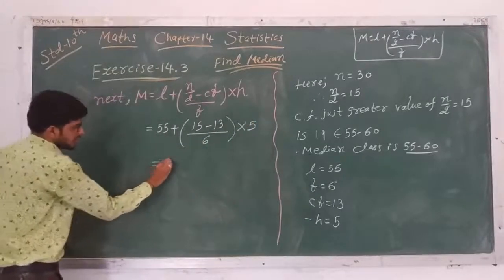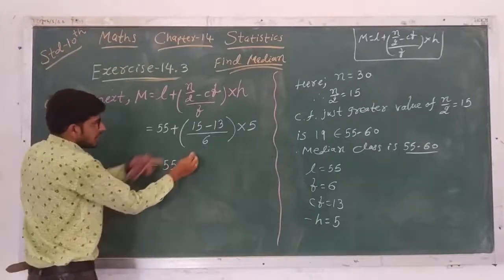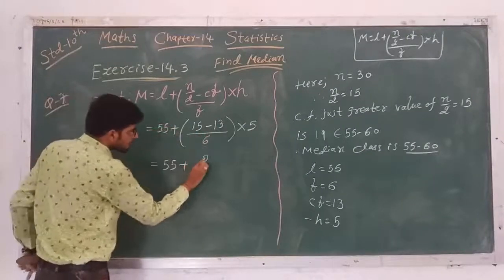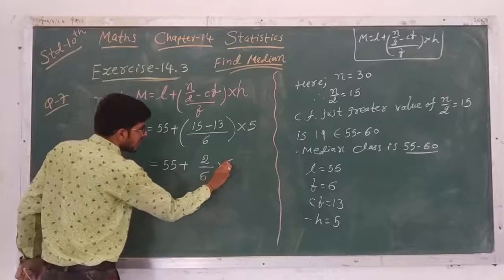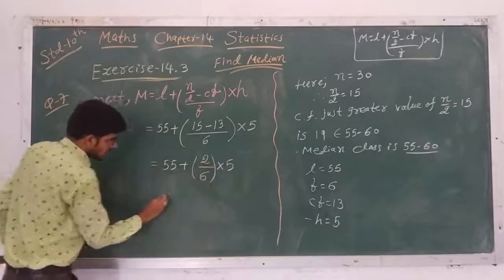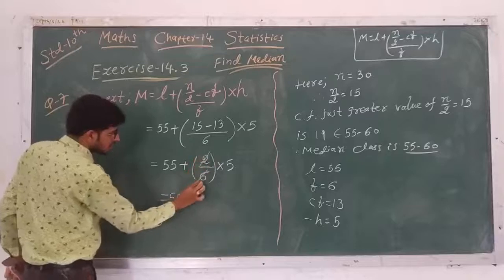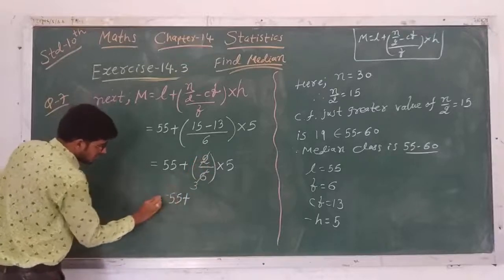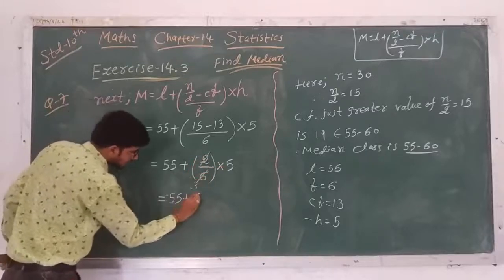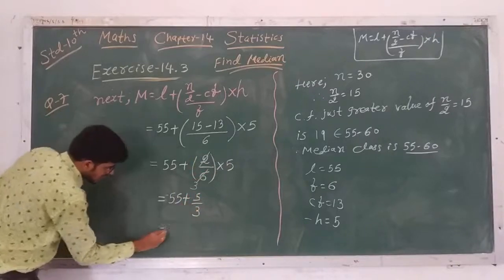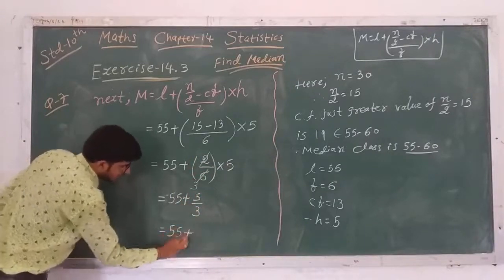Now simplify it. So 55 plus, here 15 minus 13, so 2 by 6 multiplied by 5. Here we can cancel out: 2 threes are 6. So the next step is 5 by 3. Now 55 plus 5 by 3.